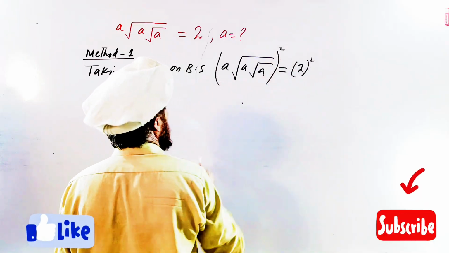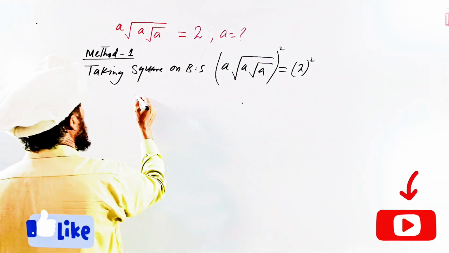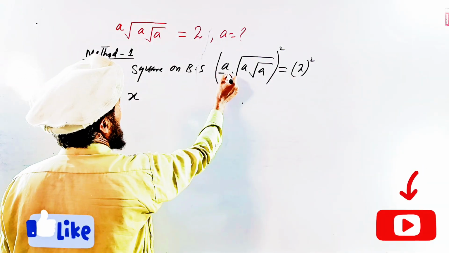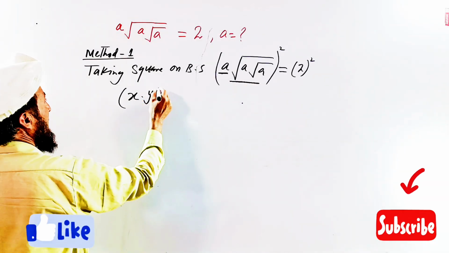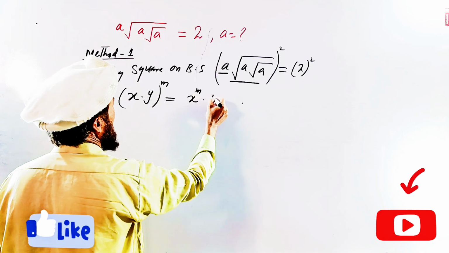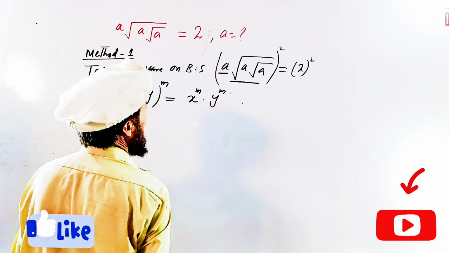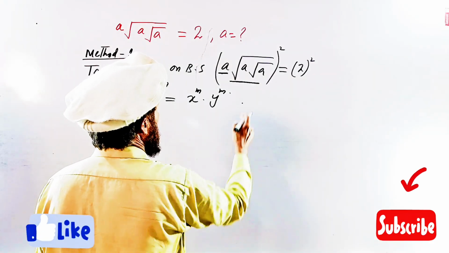According to the exponent property, consider this as x and this as y, and whole exponent of m. So we can write x to the m, y to the m. According to this rule, we can apply it here.